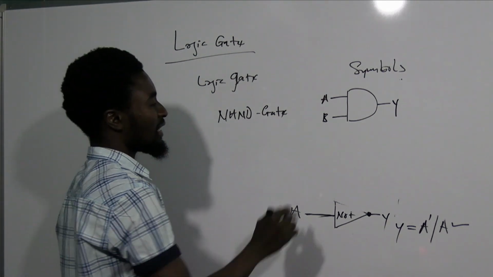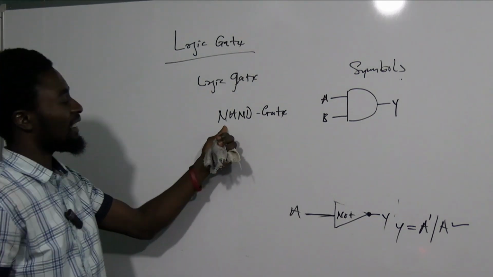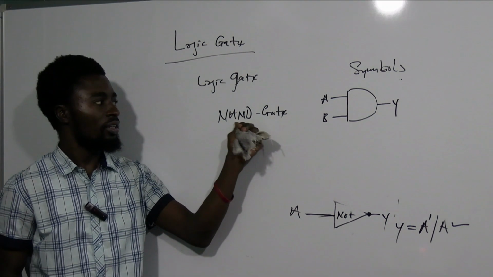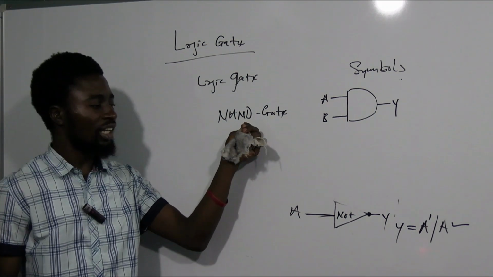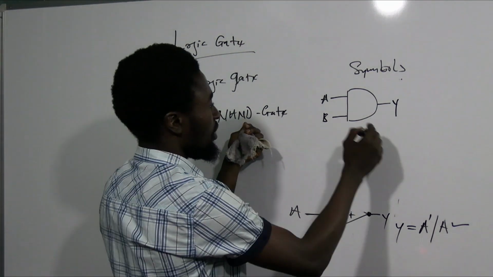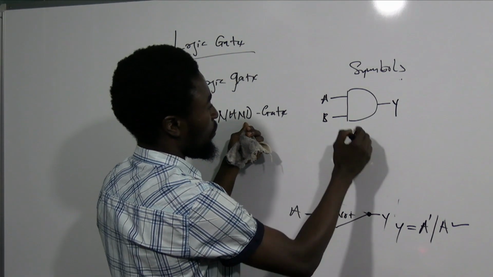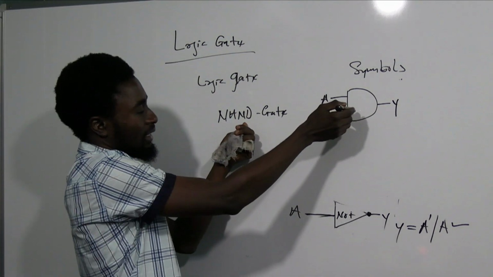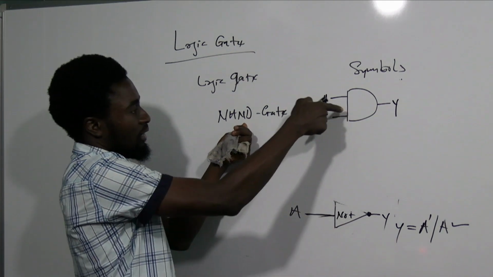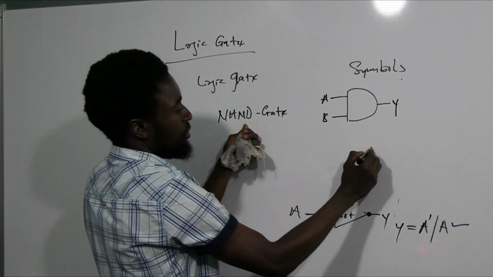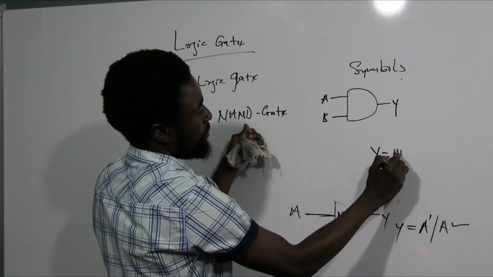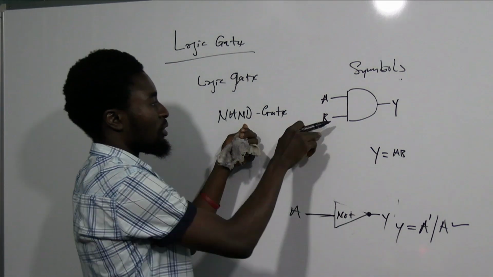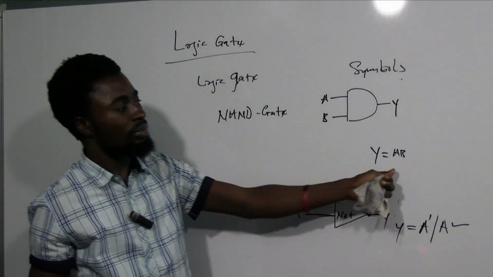But since we are taking the complement of the output of the AND gate, without taking the complement, the answer will be AB, because you multiply these two inputs to get AB.